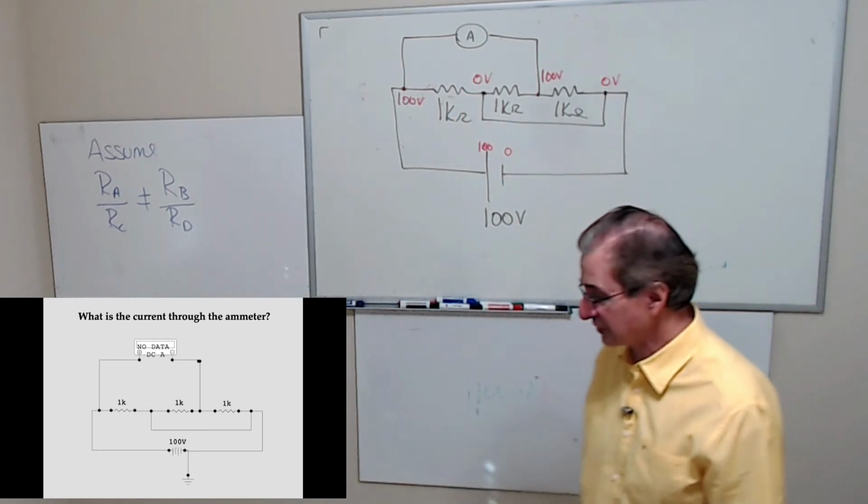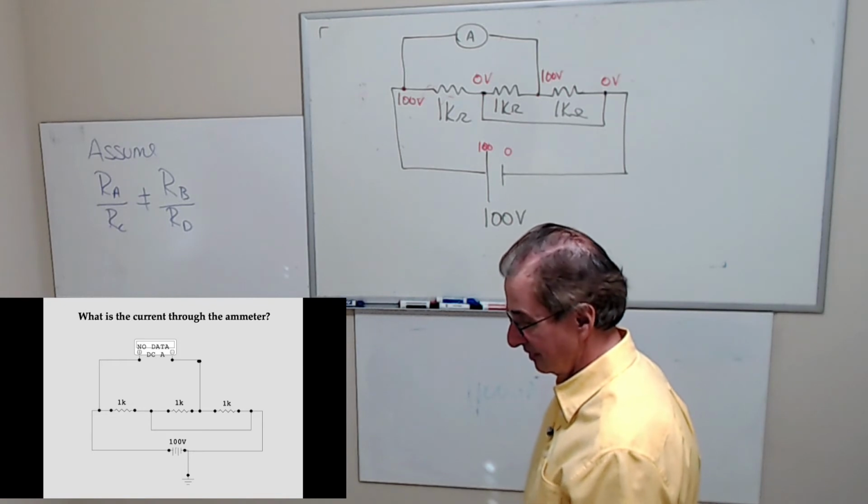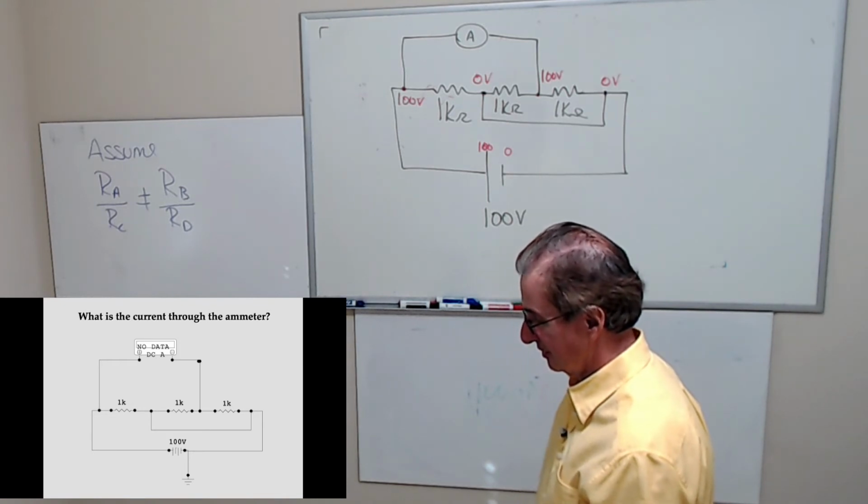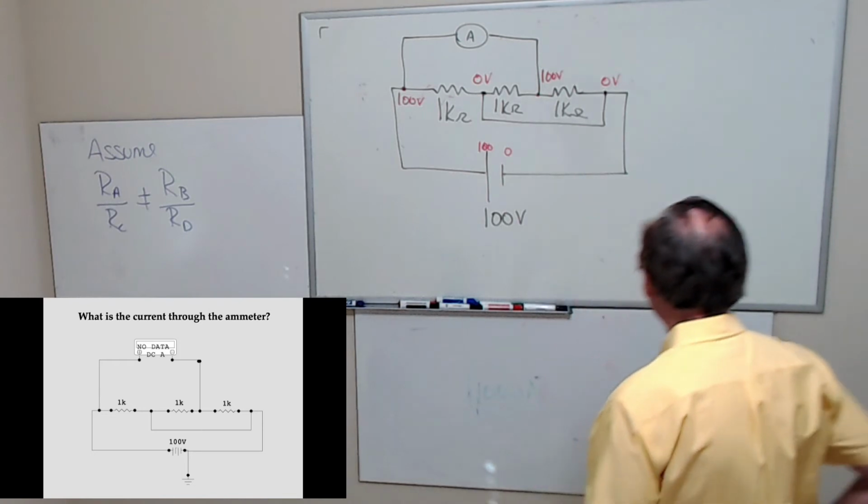What's the voltage drop across each resistor? 100 volts.